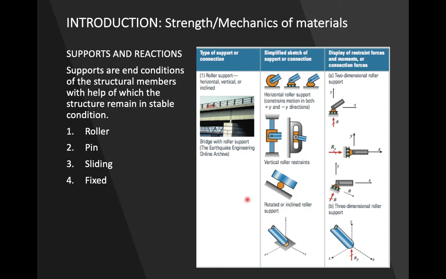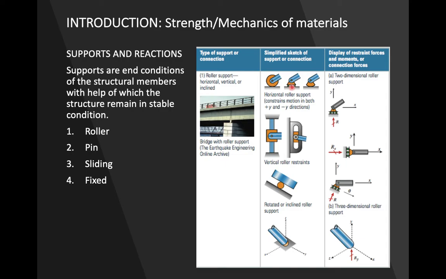So we have different types of constraints. What are those types? Basically roller constraint, pin constraint, sliding constraint, and fixed constraint, and we call them supports also. You can see in this figure what a roller support is. Suppose the end of the body is acting as a roller.